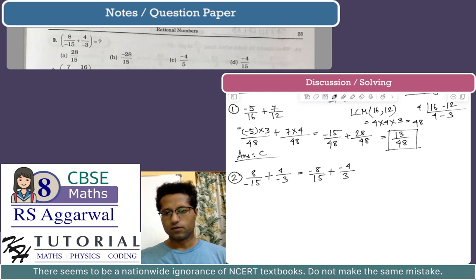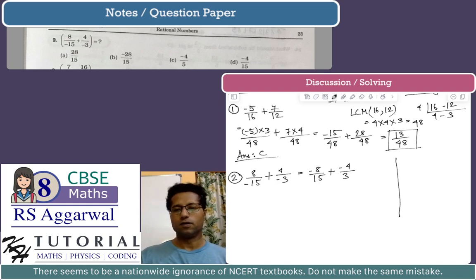One thing for clarification: in one of my videos on this chapter, rational numbers, I said something about how you convert a rational number whose denominator is negative to standard form, how you make the denominator positive.